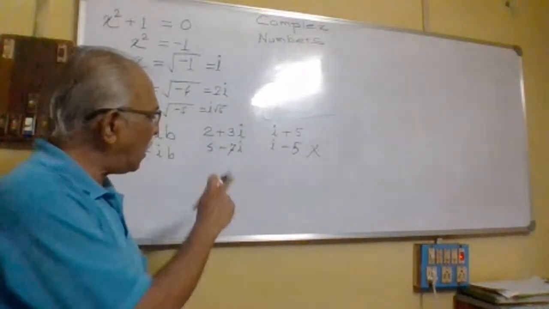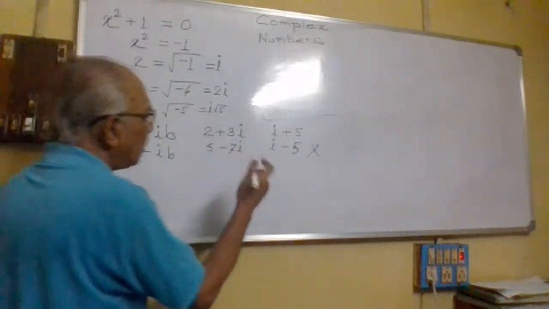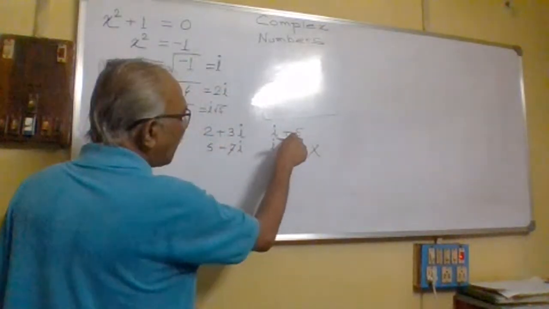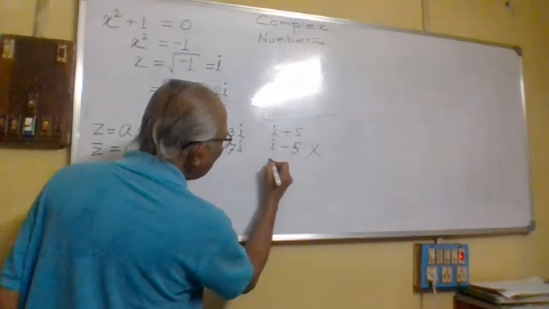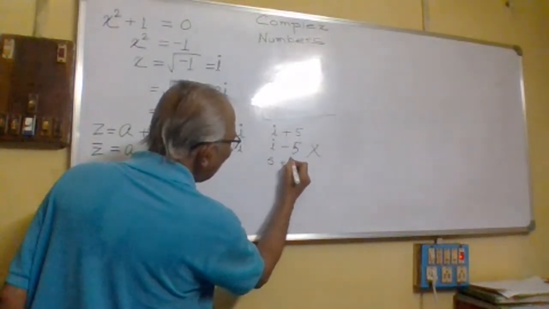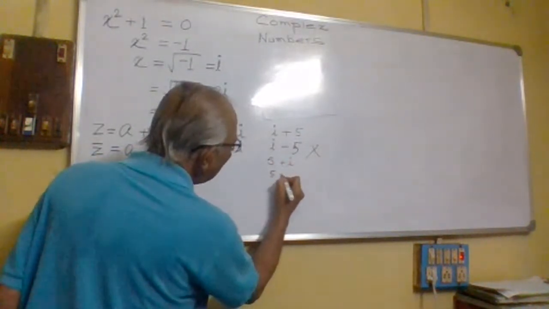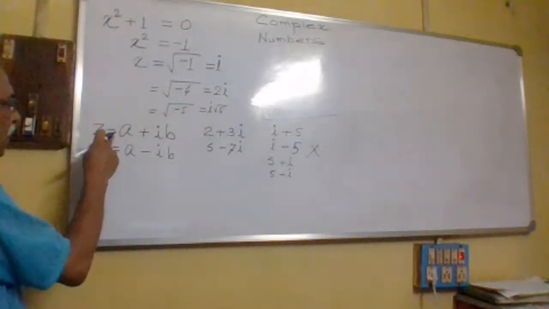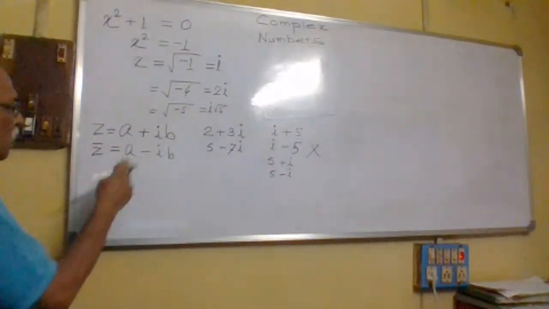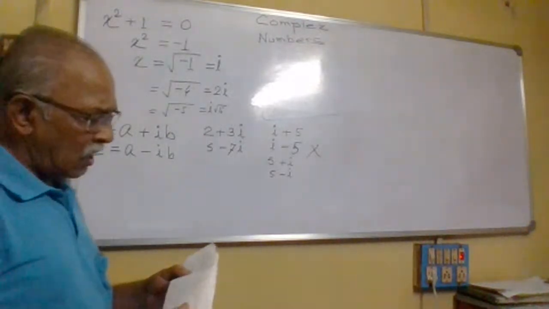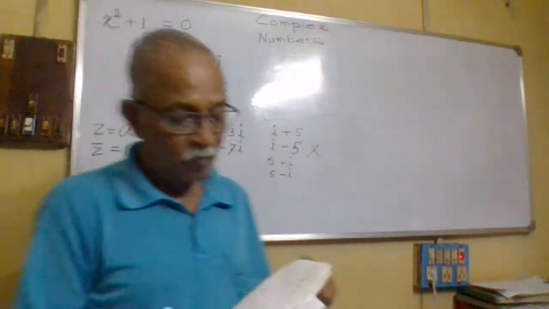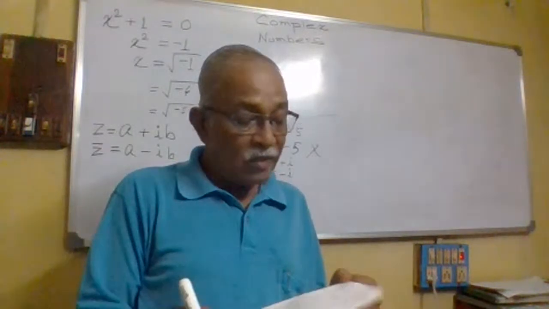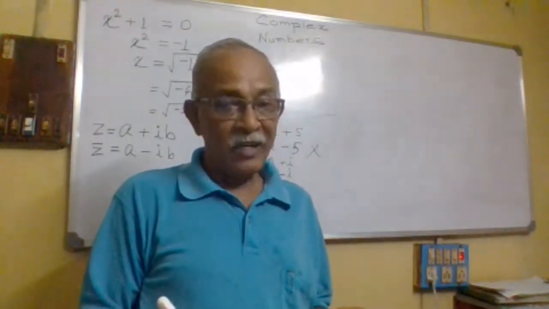It cannot be the conjugate of this one. You have to write it in the form 5 plus i, and then you can say 5 minus i will be the conjugate. You write in the form a plus ib, its conjugate will be a minus ib. In this way, these are called complex numbers.